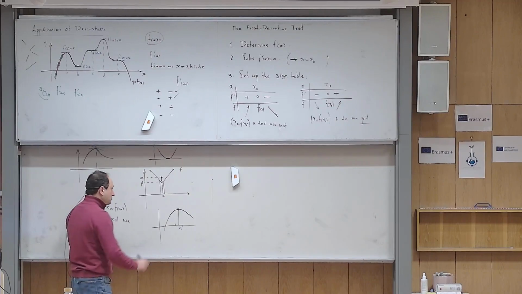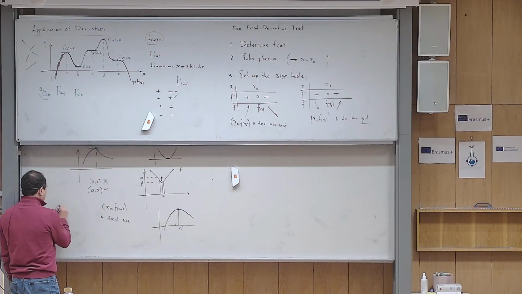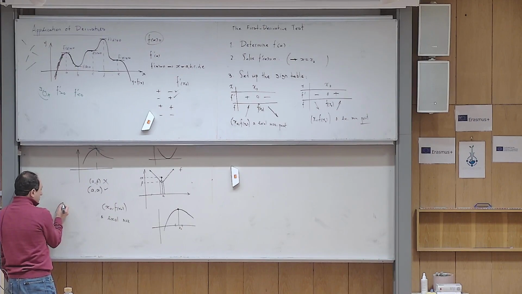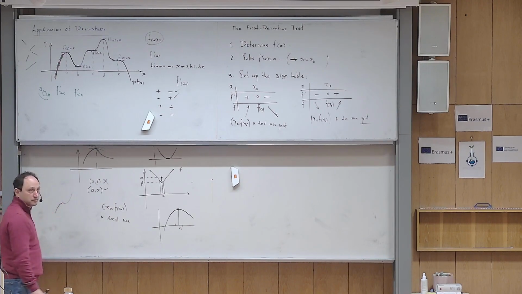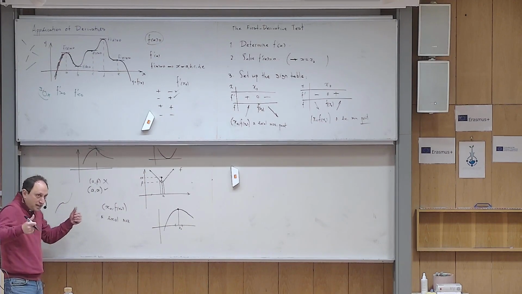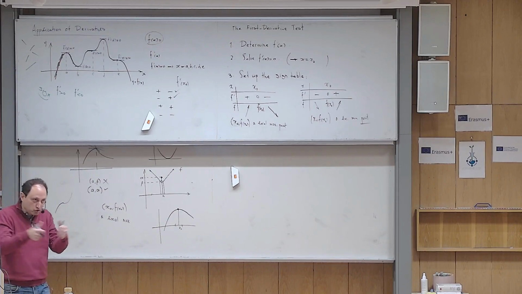Yes? So maybe this function goes up here, and then it goes down, and then immediately it goes up. But still, this is a local maximum, because I can make the interval extremely short then.